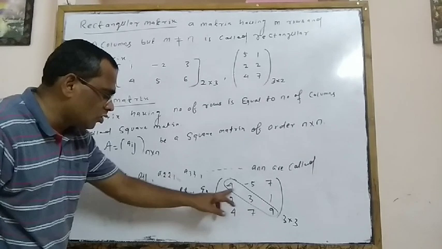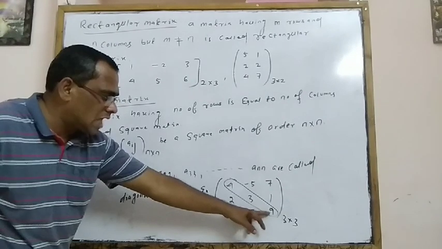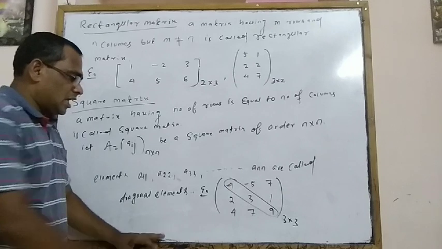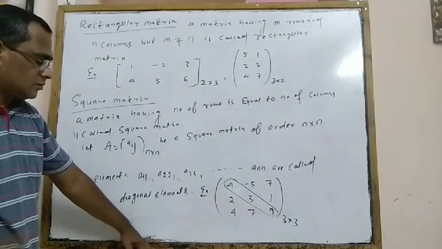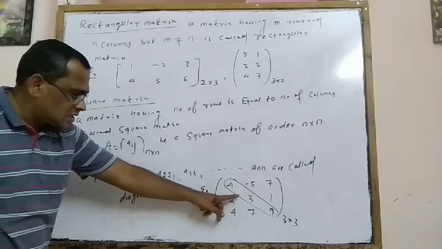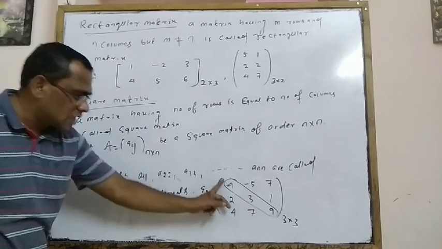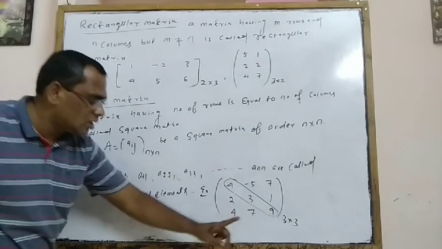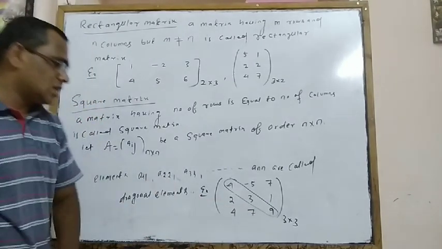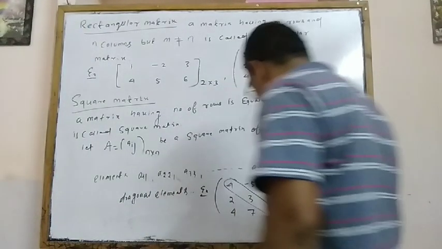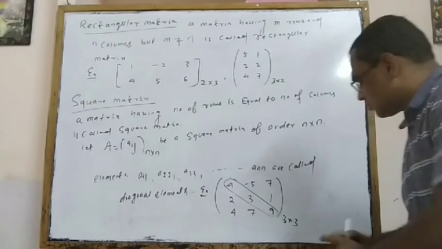So 4, 3, 9 are called diagonal elements, and except the diagonal elements, all are non-diagonal elements. This line is called the diagonal, also called the principal diagonal or leading diagonal.